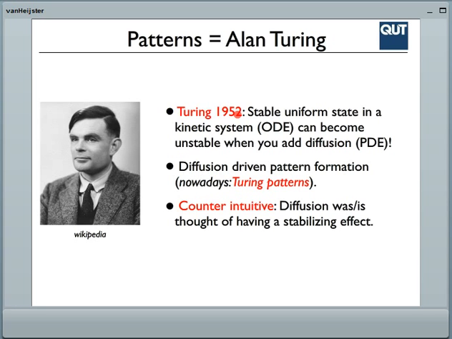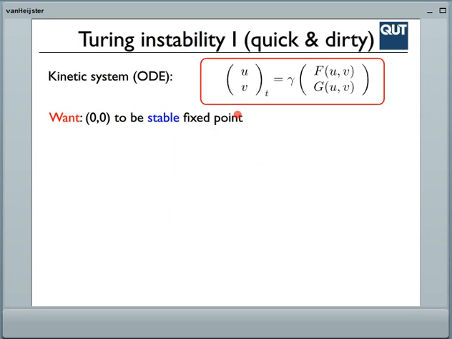So let's do the quick and dirty version of Turing patterns. We have an ODE, a kinetic system, which is given over here, and it turns out that we need at least a two-dimensional system, so with a u and a v, and we have some nonlinear terms on the right-hand side. Now what we want is that the origin is a stable fixed point.